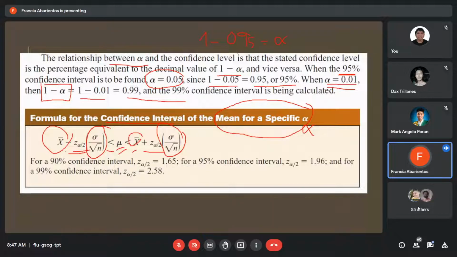You can use now the table. Ano nga yun na table, class? Okay, so makukuha natin to. Tuturuan ko pa rin kayo. Pwede naman to, class, gamitin mo na to kasi kadalasan ito na yung ginagamit. 95% confidence interval. So your z-value now at a given alpha divided by 2 is equal to 1.96. Okay?